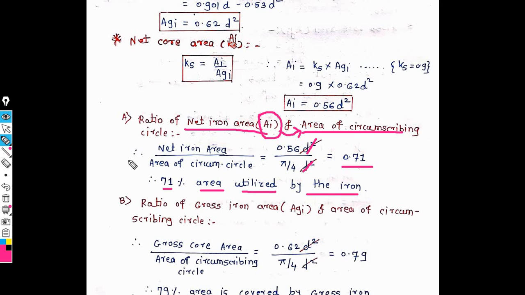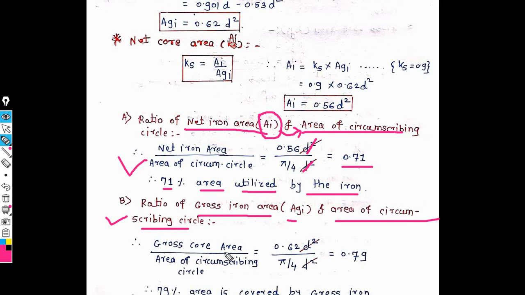Then the same procedure is useful for the gross iron area. The ratio of gross iron area AGI and area of circumscribing circle we have to calculate.